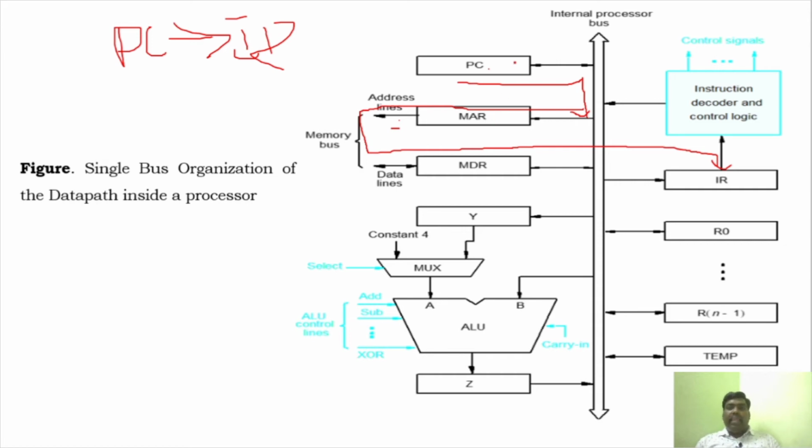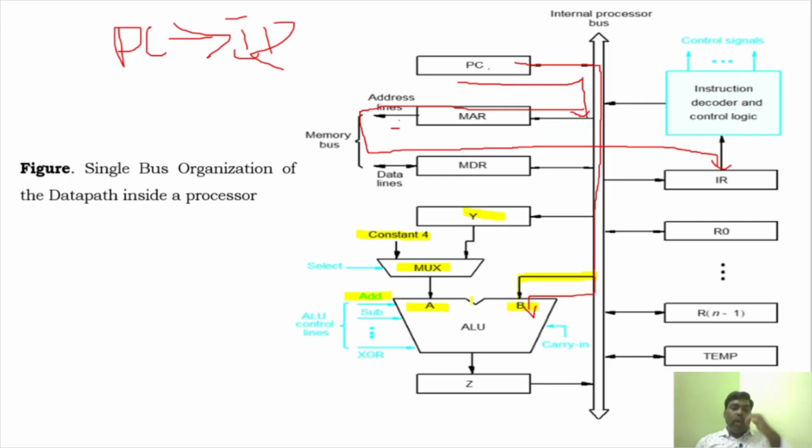Similarly, in parallel, the content of PC is sent to the internal bus, and from the internal bus it is sent to the ALU input B. Listen very carefully. The ALU has two inputs, A and B. One is obtained directly from the internal bus, and the other is obtained from constant 4 or Y, selected by the multiplexer. Depending upon the control signal, the operation will be executed.